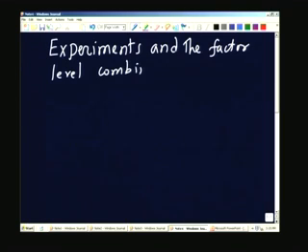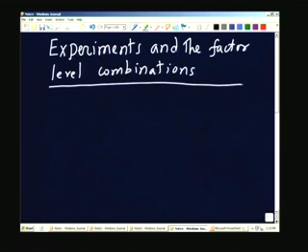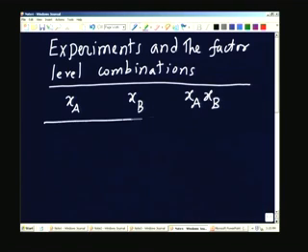I will put it in the form of columns in a matrix again. So, I will say x a, x b. I will also include the product x a x b here, because we will see later that is also going to be an important thing as far as the effect on the outcome of the experiment is concerned.